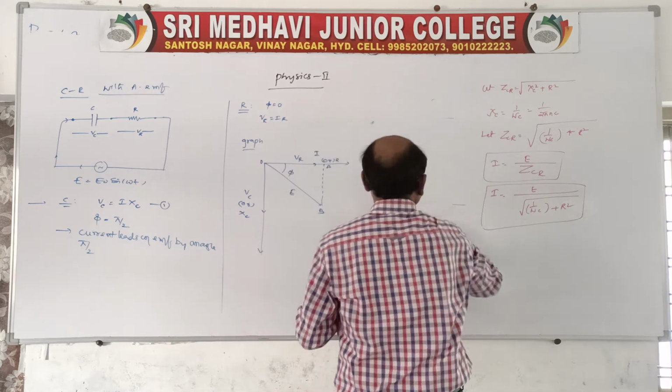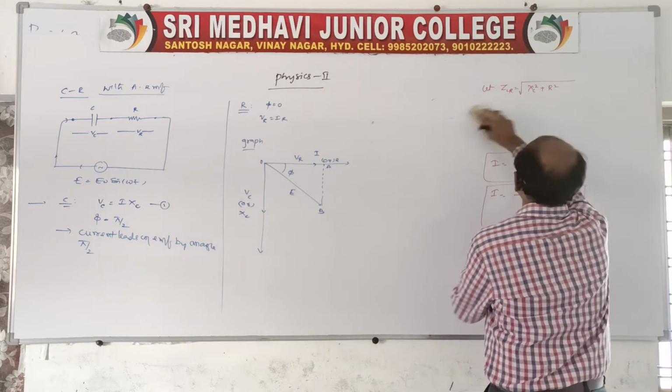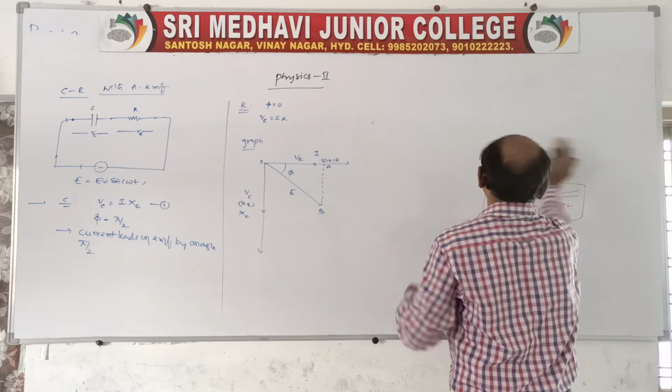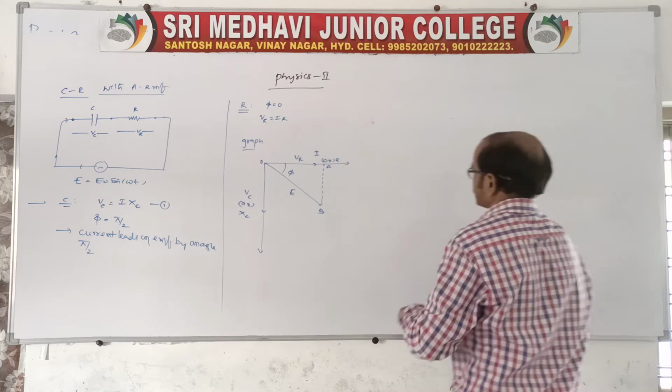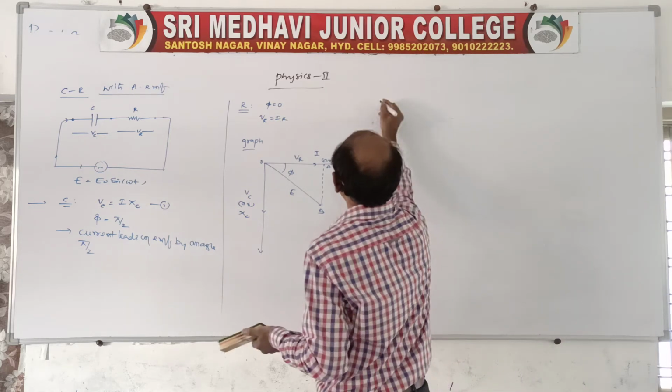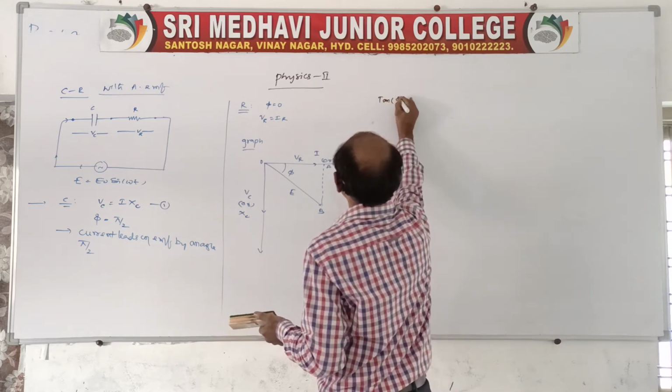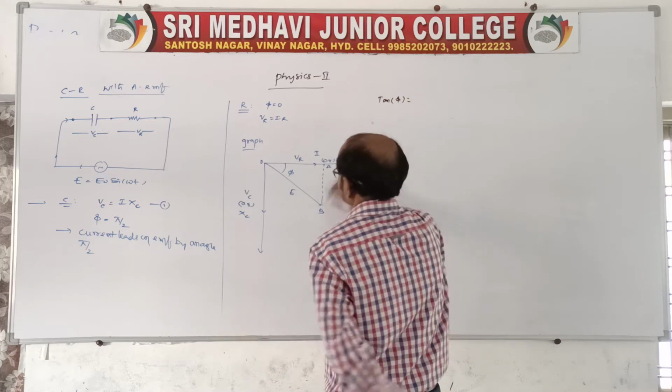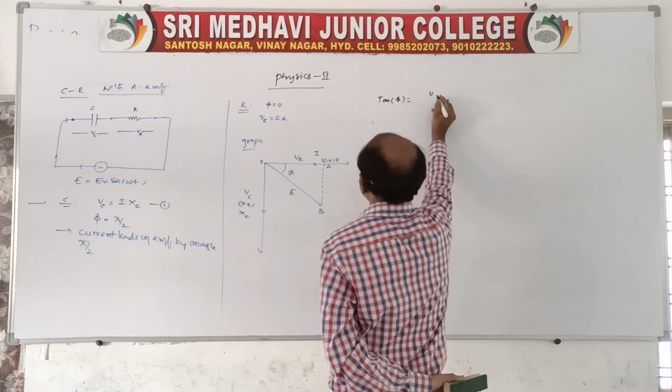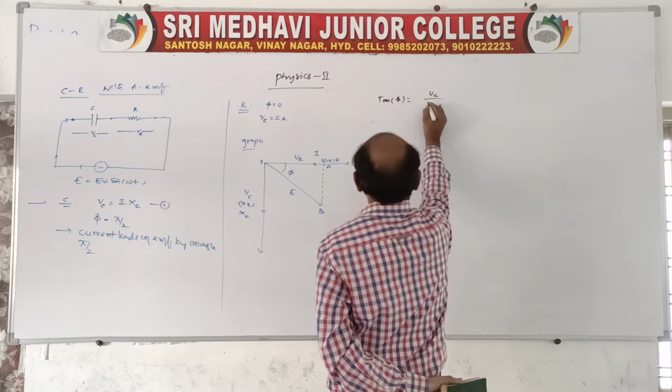Phase difference, that is, we can say phase angle. From the same triangle, tan φ is equal to opposite by adjacent, that is VC by VR.